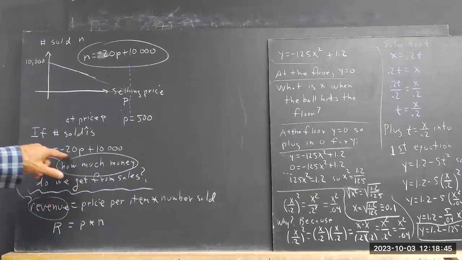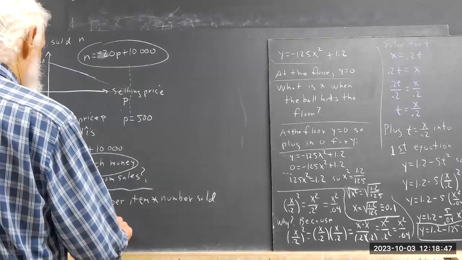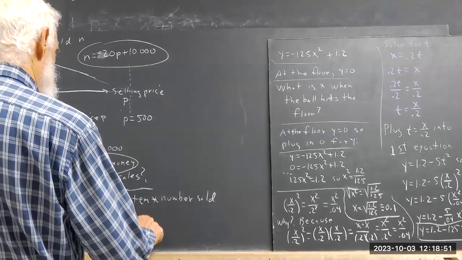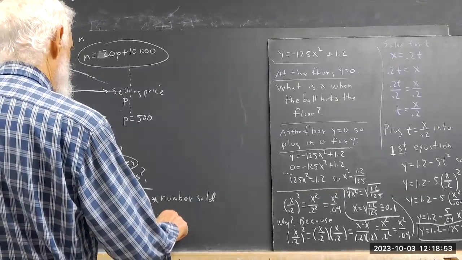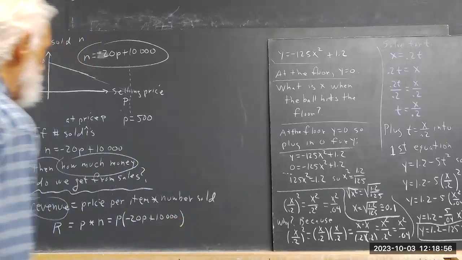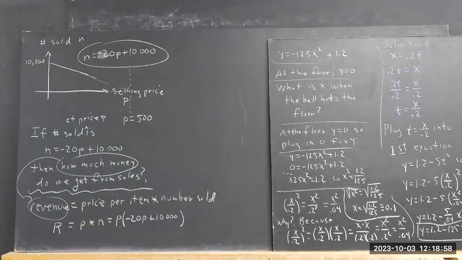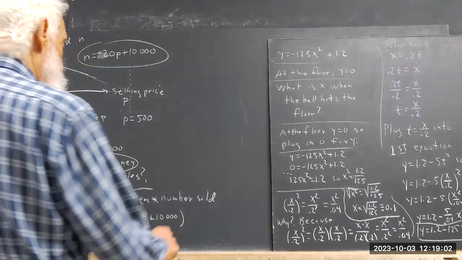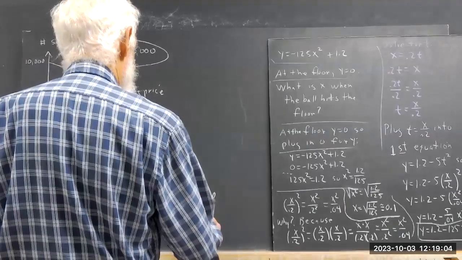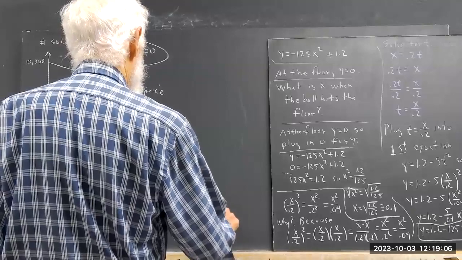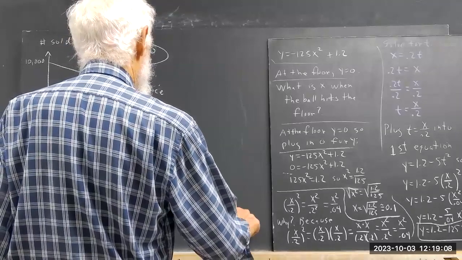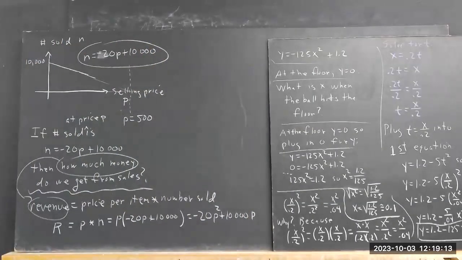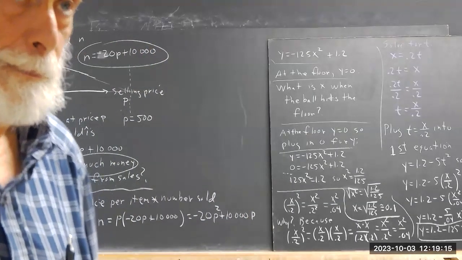And of course, we have a formula for N in terms of P. We get this, and if we multiply this out, using the distributive law, we get negative 20p squared plus 10,000p.